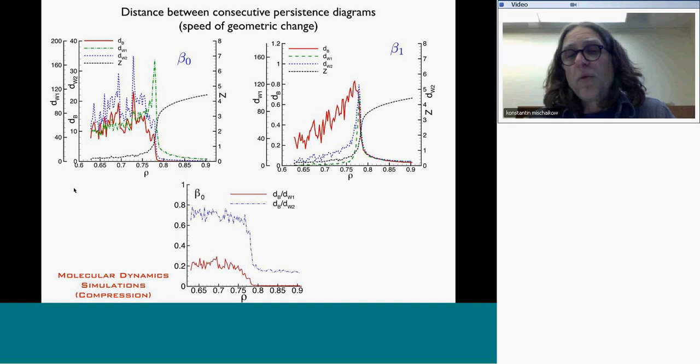So when I move to the other part of the diagram, where dB divided by dW1 is extremely small, and dB divided by dW2 is as well, that's very suggestive that once you reach this density, you are not seeing very large changes in diagrams in general.